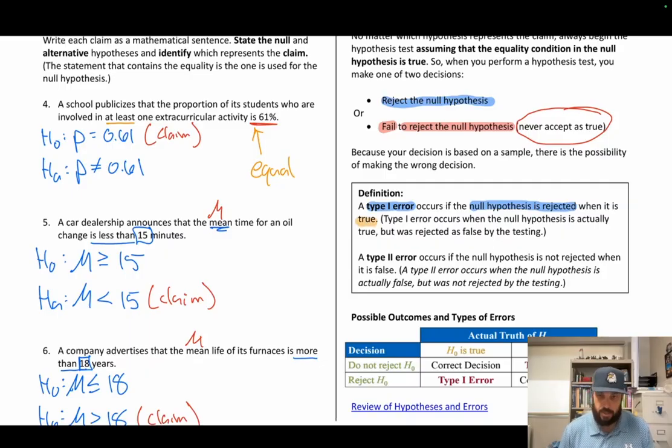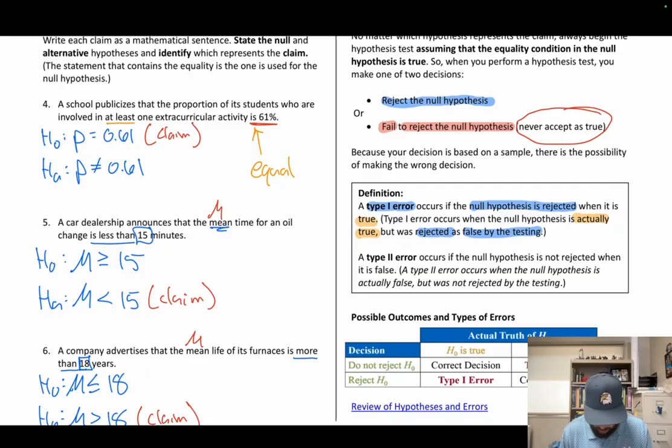What happens is it was actually true, but we rejected it as false by the testing that we got. So we ran our sample, we did our test, we rejected it based on what we got, but it was an error because the hypothesis was actually true. We call that a type 1 error.